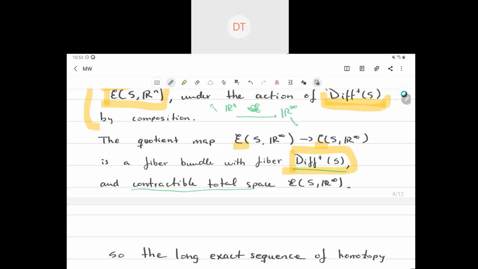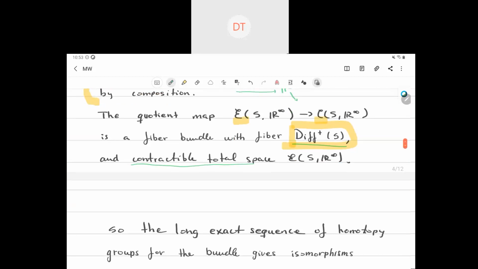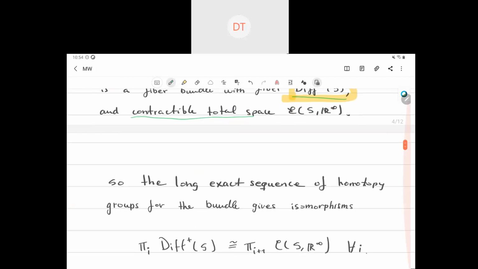So this is the idea. To get this fiber bundle, we know what the fiber is, and we get this contractible total space, so that we can use the long exact sequence of homotopy on the bundle, and because of the contractible part, we get these isomorphisms.